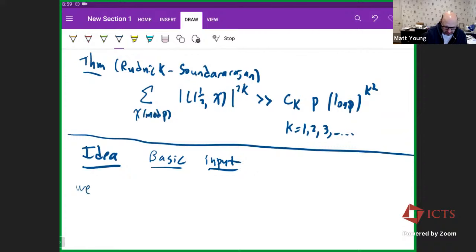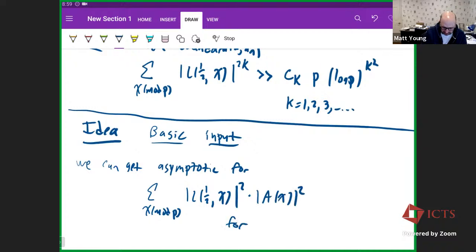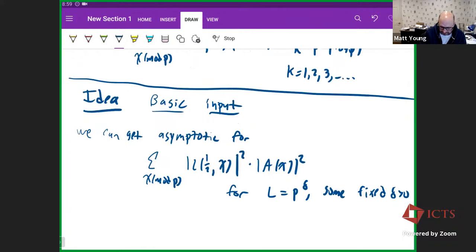So we can get an asymptotic for the sum over chi mod p of the Dirichlet L function squared times your A of chi squared, for L equals p to the delta, some fixed delta positive, but arbitrarily small.